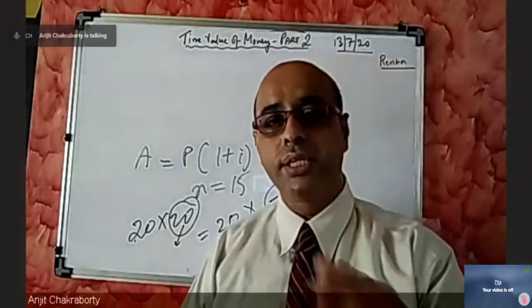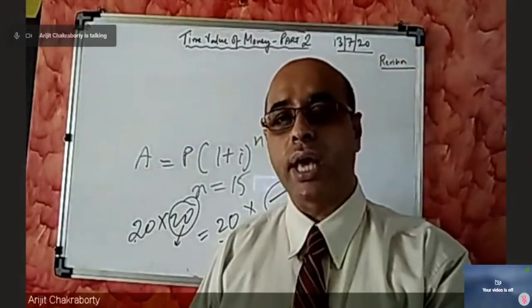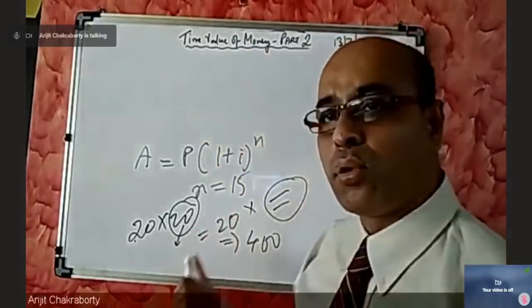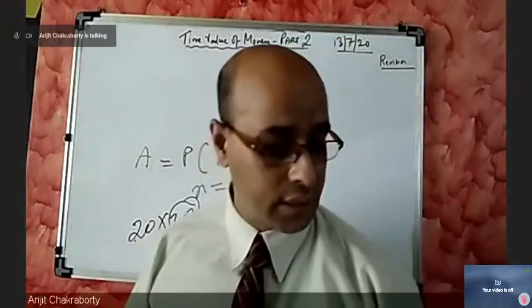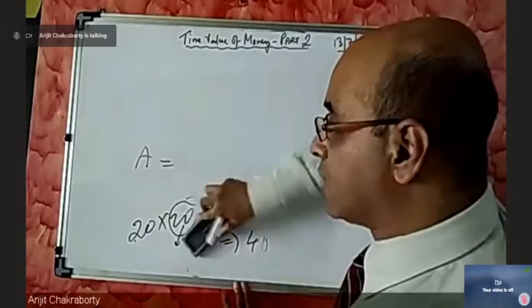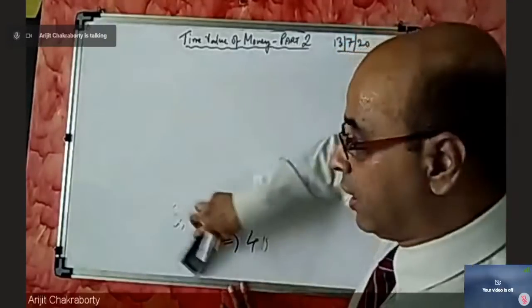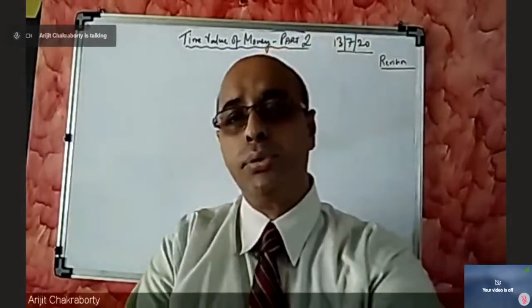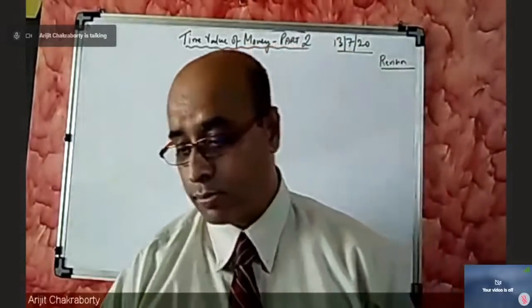So I press 20, multiplication sign, and then equal to sign, it directly gives me 400. I don't have to enter 20 again. So this is another shortcut which we use, and this will be useful in your exams, especially under tough conditions when you have to utilize each and every second for solving your problems.